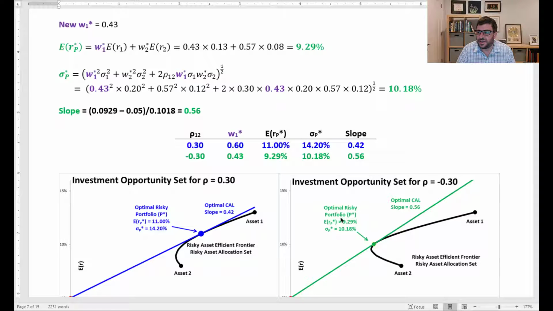And we can see on this vertical scale here, I'm roughly 60% of the way up to asset 1, and here I'm only 43% of the way up to asset 1, with the remaining in asset 2.